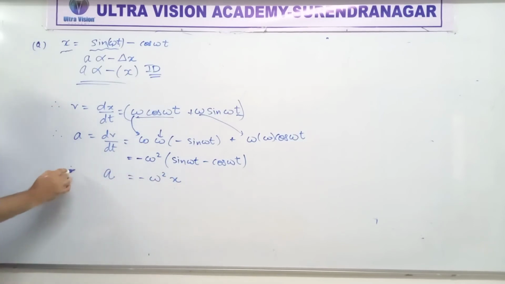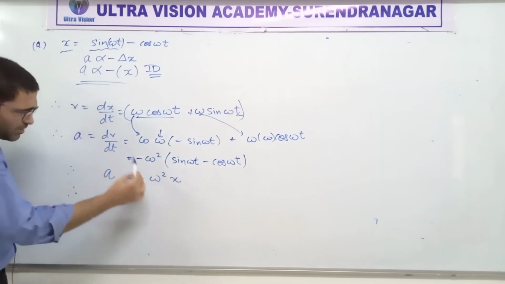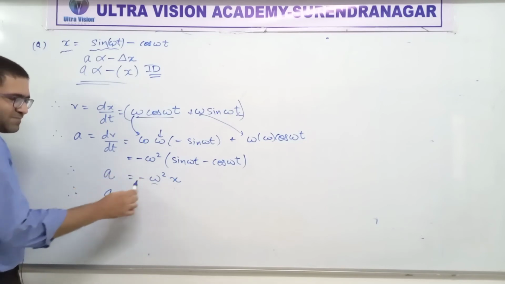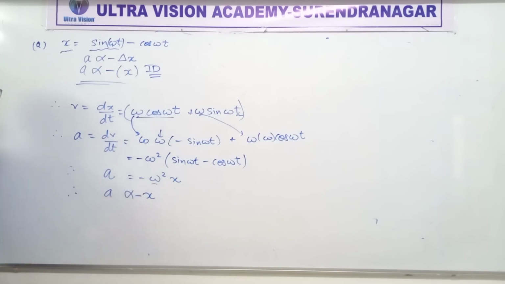A is equal to minus omega square x. Omega is constant, minus 1 is also constant. So if I remove constants, I can write the proportionality: A proportional to minus x. Okay, understood so far? A proportional to minus x, yes or no?